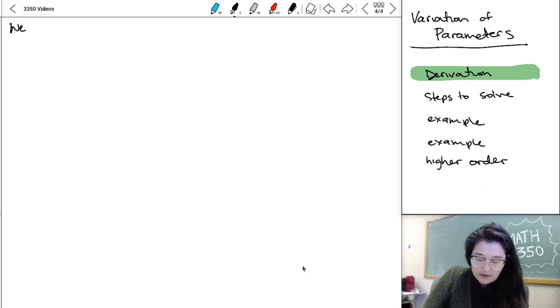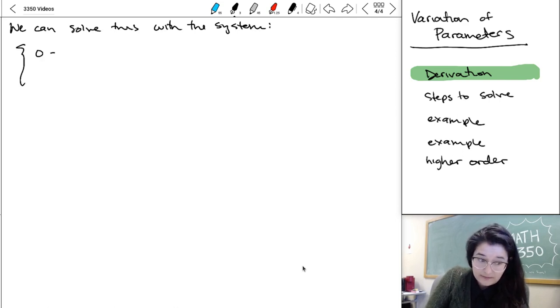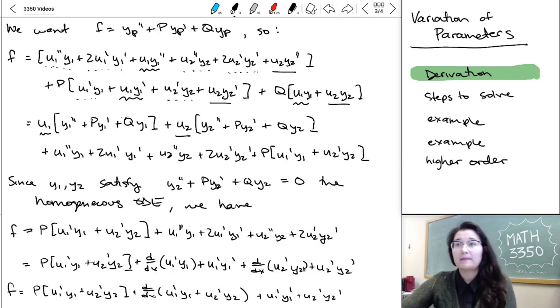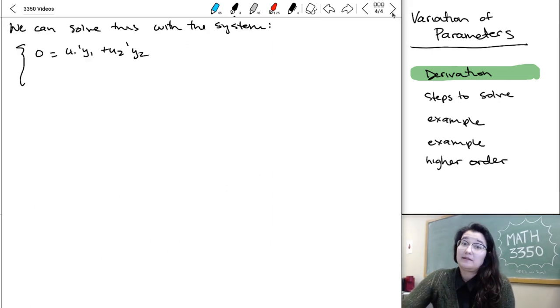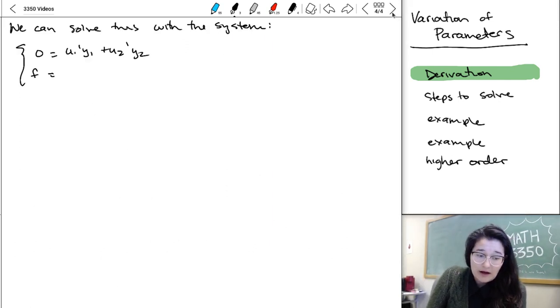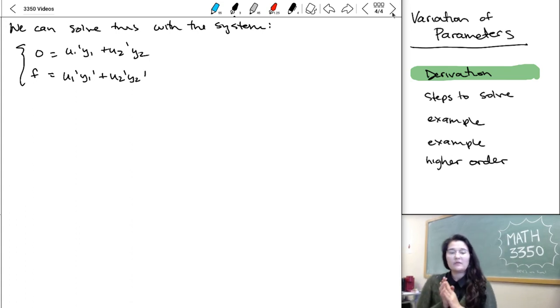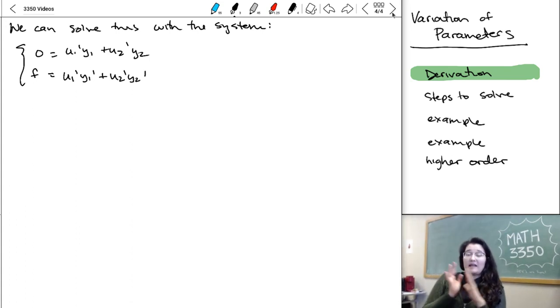So we can solve this with the system where we make two of those terms just be 0, that u1 prime y1 plus u2 prime y2, the one that was multiplied by p and where we have the derivative, we just want it to disappear. And then once it's gone, we go ahead and solve for f equal to u1 prime y1 prime plus u2 prime y2 prime. If we could solve those equations, we would have the solution we need.